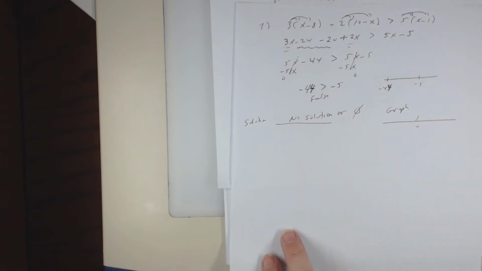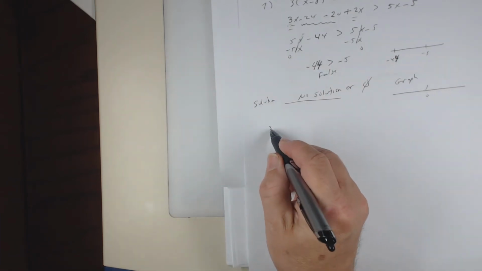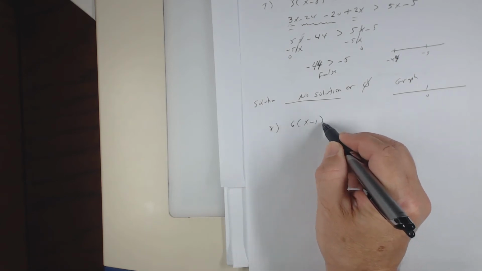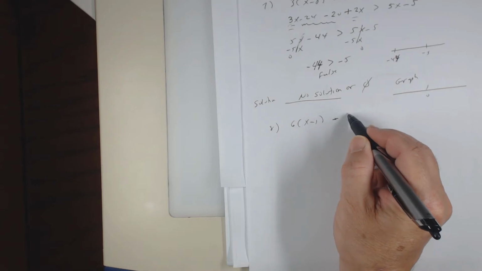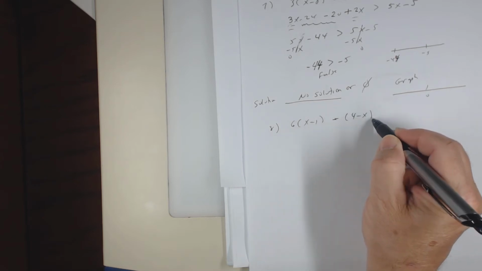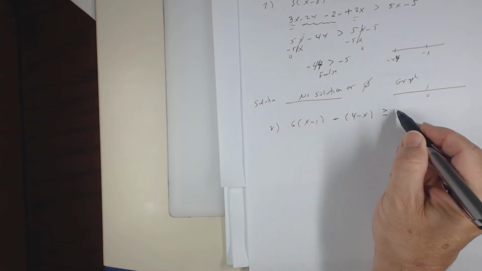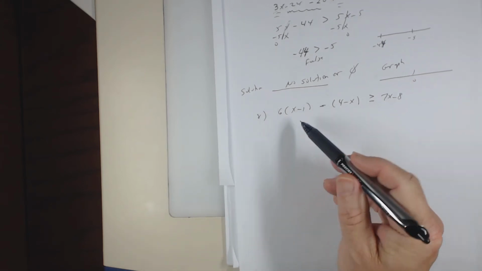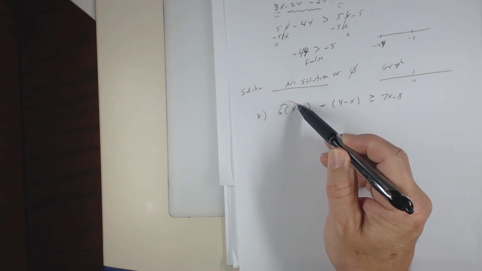All right, let's do one more with linear inequalities. So let's do this one. Suppose you had 6 times x minus 1 minus 4 minus x is greater than or equal to 7x minus 8. So what do I do? Distribute. Okay, now this one's easy. I distribute the 6.